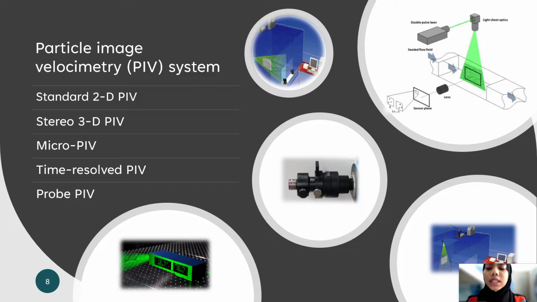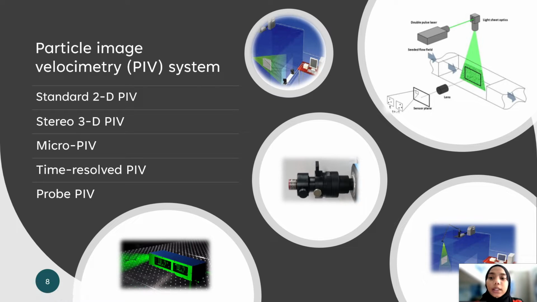A typical PIV setup includes a high-speed camera, a high-power multipass laser, an optical arrangement to convert laser output light to a light sheet, and a synchronizer which controls the synchronization between the laser and the camera, as you can see at the top right of the slide.